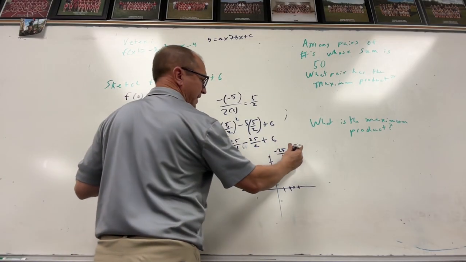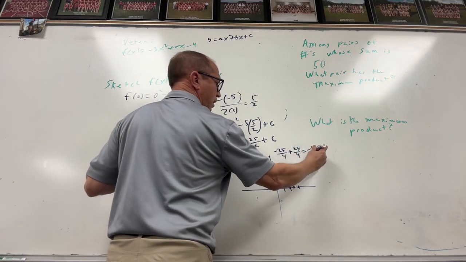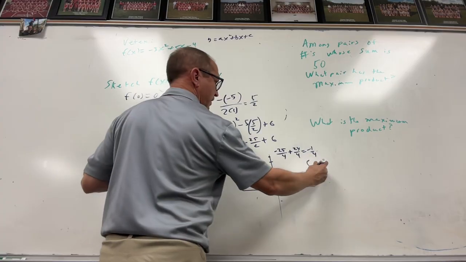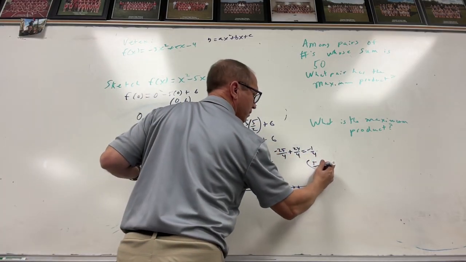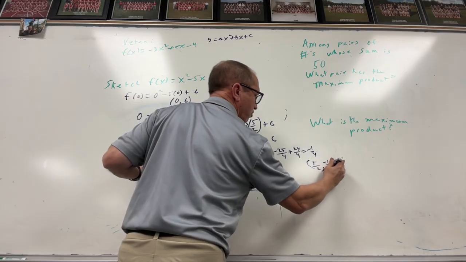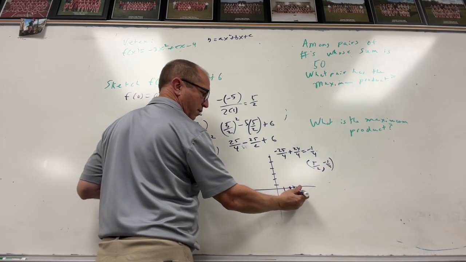And then plus 6, which is 24 over 4, gives me negative 1 over 4. So my vertex of my parabola is over 5 halves and down 1/4.